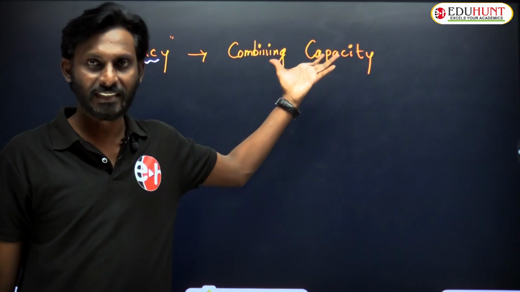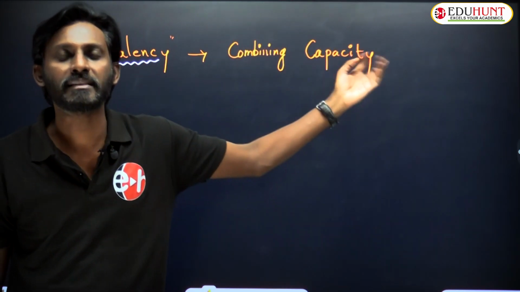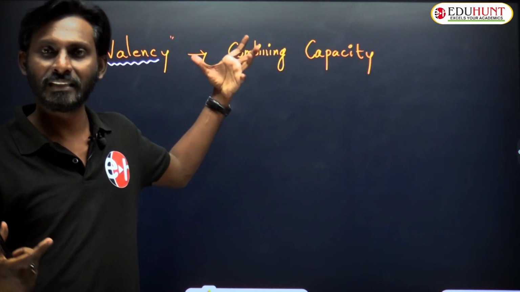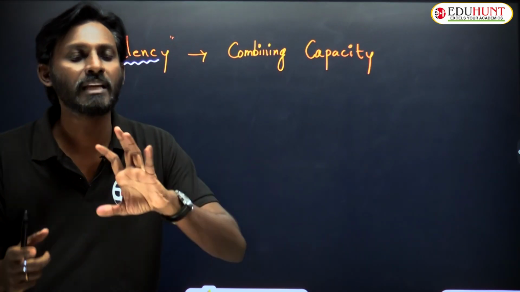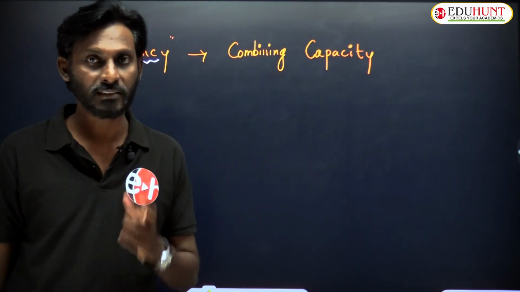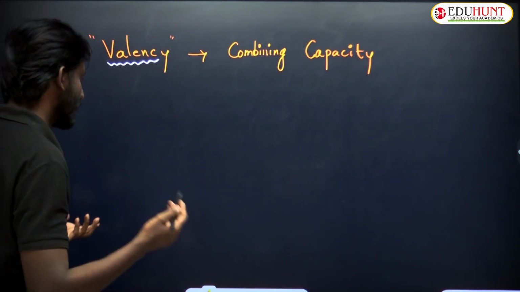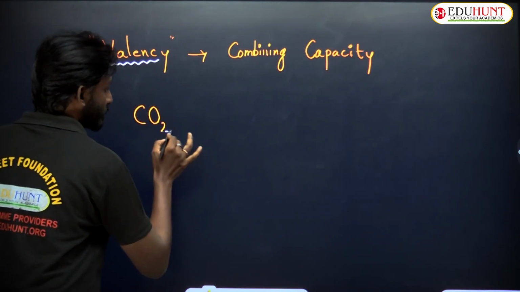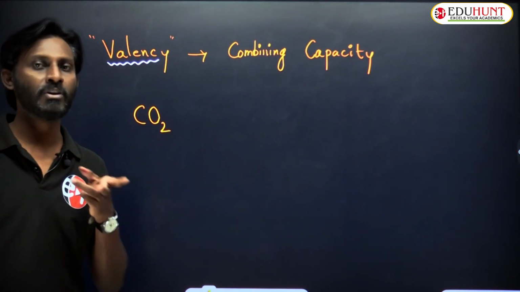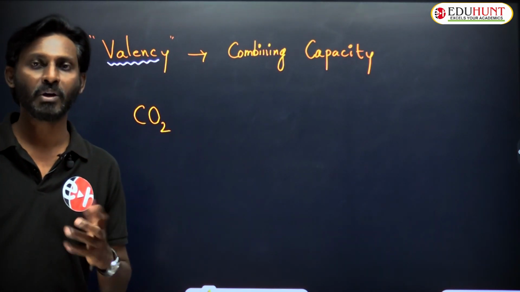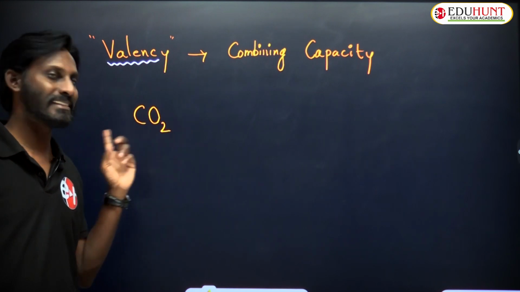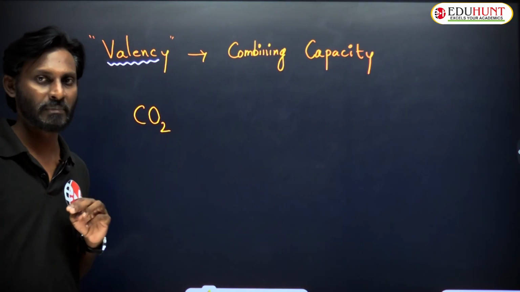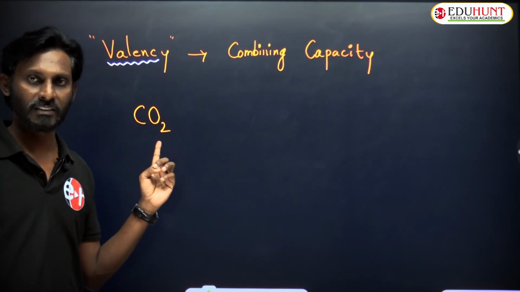This is easily understandable, right? It is talking about some capacity: combining capacity. Now, what is combining? In chemistry, you will see molecules or ions. For example, take CO2. We already covered the symbols topic. By looking at the symbols in the molecule, there are two types of symbols: carbon and oxygen.